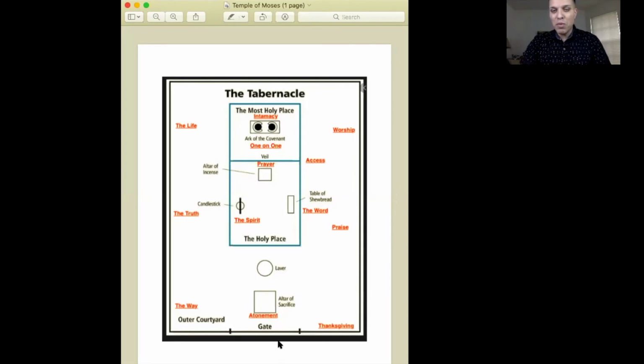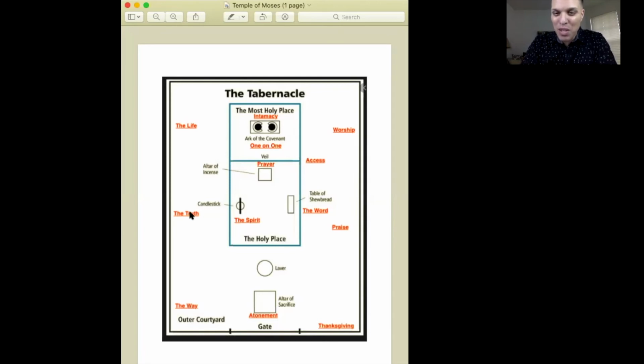So when we come through the gate, we see enter his gates with thanksgiving, enter his courts with praise. But ultimately, what God was teaching us was a deeper sense of connection with us, which would have been worship. And as we look through the layout of their tabernacle, we see that Jesus is the way, right? We come in through him, access to the Father.